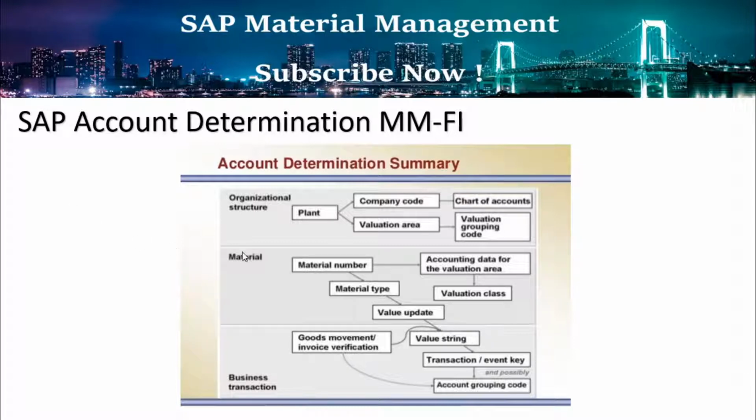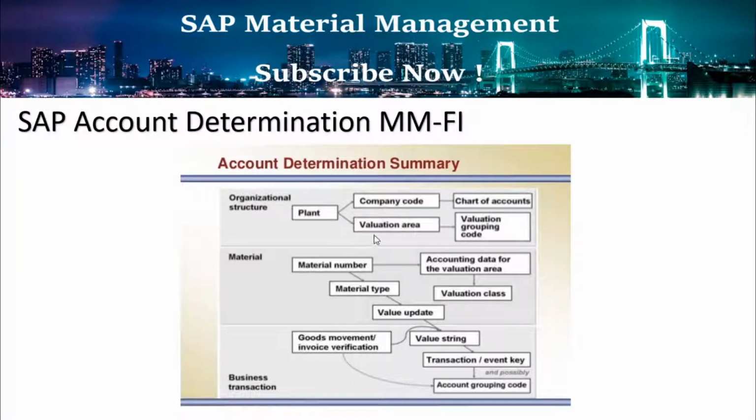Here you can see that we split this in like 3 levels. First, what's related to the organizational structure. And here we have a company code where we have one chart of account that is linked to the company code. And in the company code, we have the plants that also belong to the company code.